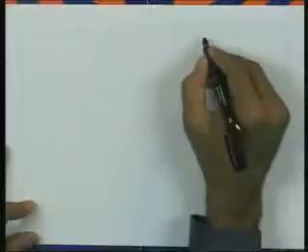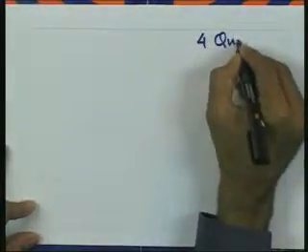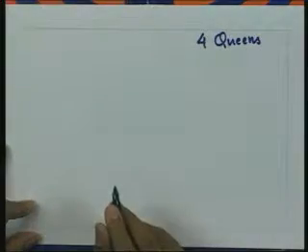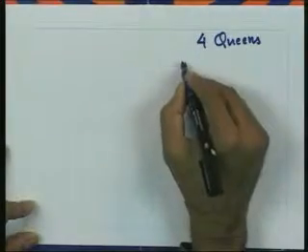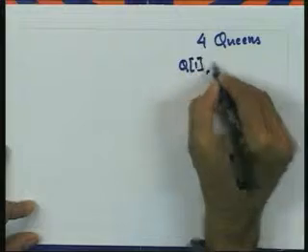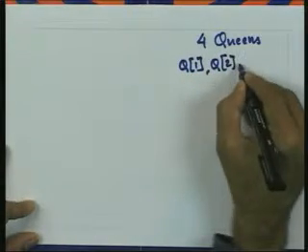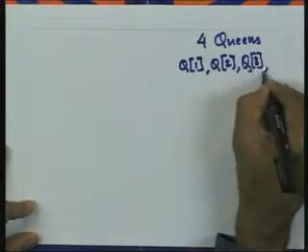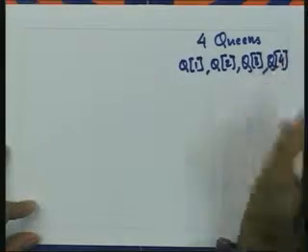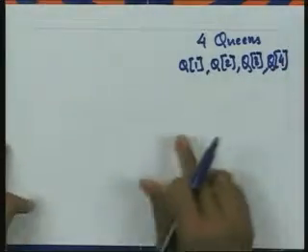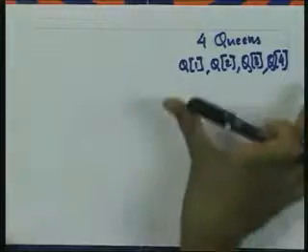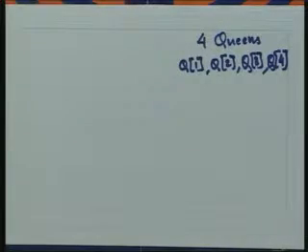So let's take the example of 8 queens, but since this page is small, let's just make it 4 queens. So what do we have? Well, we have variables q of 1, q of 2, q of 3, and q of 4. We can think of these 4 as the smaller parts comprising our big object that we need to find.